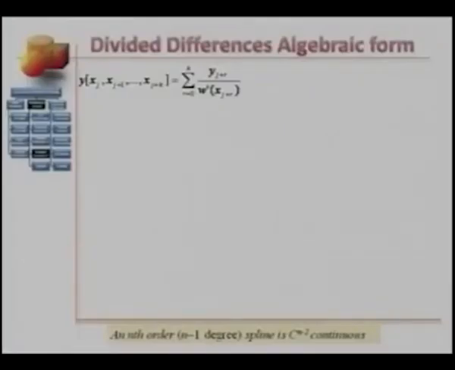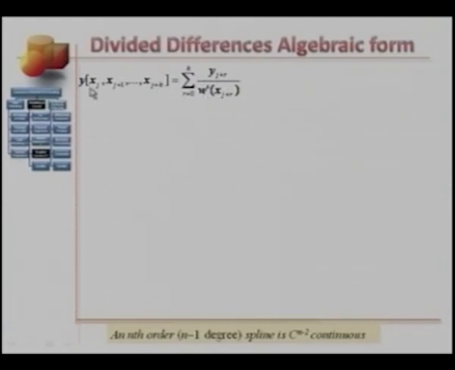So let's start with the algebraic form of the Newton's divided difference approach that we had seen in the previous lecture. This is a little revision for you. y of xj, xj plus 1 up till xj plus k, within square parentheses. Now this notation, which we have seen represents the divided differences, can be written as summation r goes from 0 to k of y sub j plus r over w prime x sub j plus r.